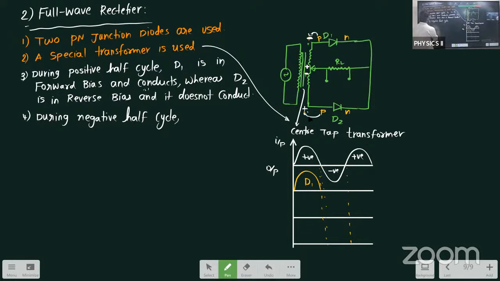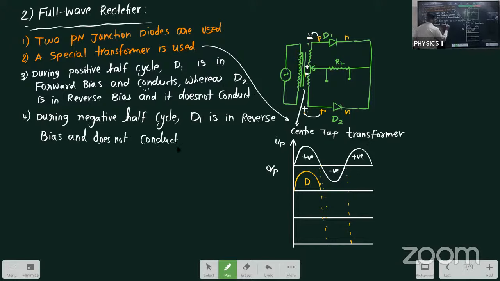So see here, what is the next one I can write? During negative half cycle, D1 is in reverse bias and does not conduct, whereas D2 is in forward bias and it conducts.